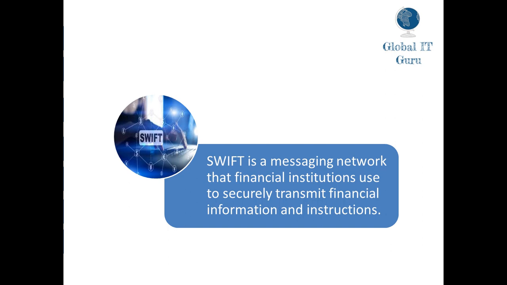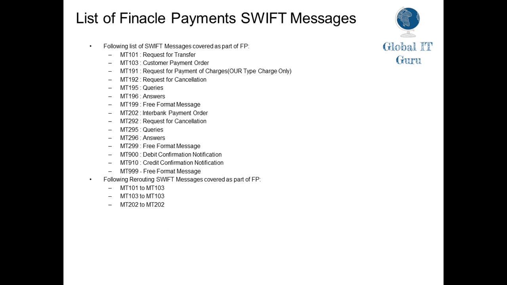SWIFT is the Society for Worldwide Interbank Financial Telecommunication. It enables financial institutions throughout the world to send and receive information about financial transactions in a secure, standardized, and reliable environment. Now we'll see a list of SWIFT messages. These are some important messages: MT101, that is request for transfer.